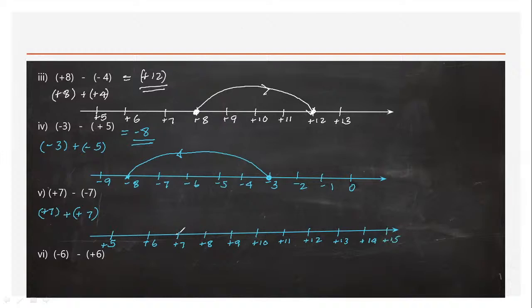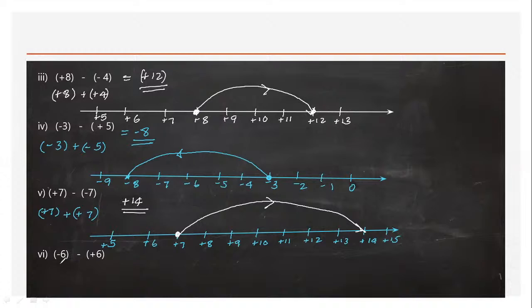Plus 7 is over here, and then plus 7 means towards the right-hand side, 7 places: 1, 2, 3, 4, 5, 6, 7. This here, right, over here. Answer is plus 14.